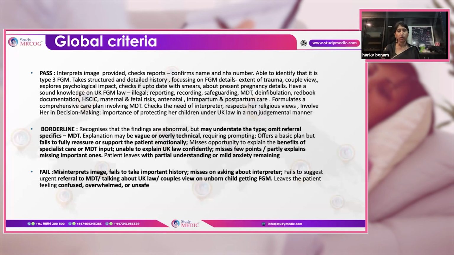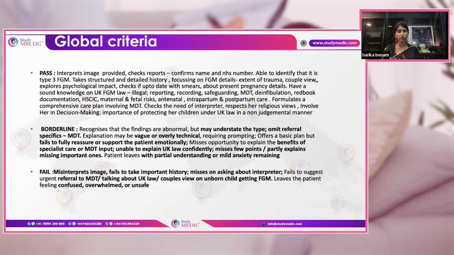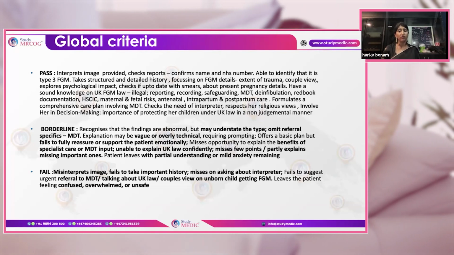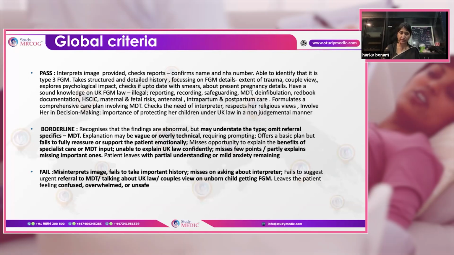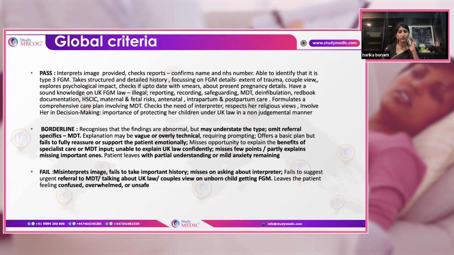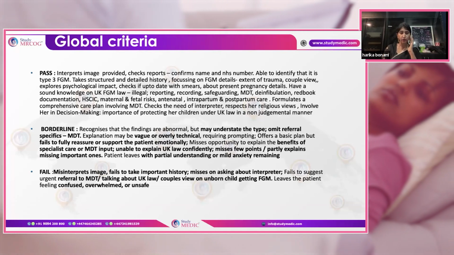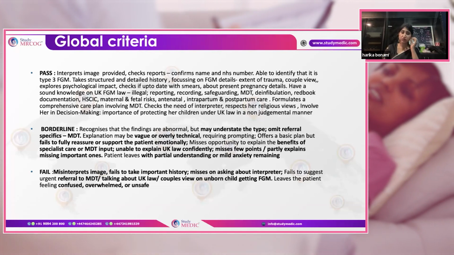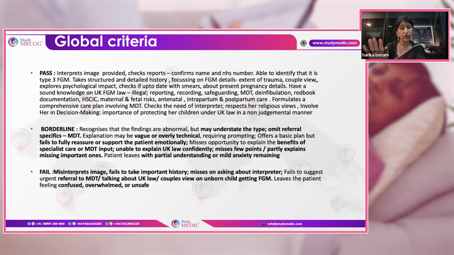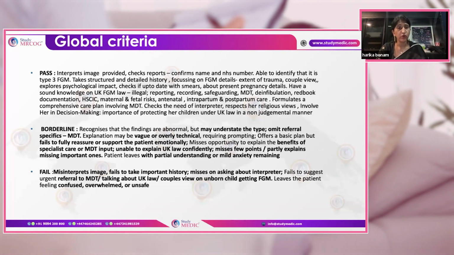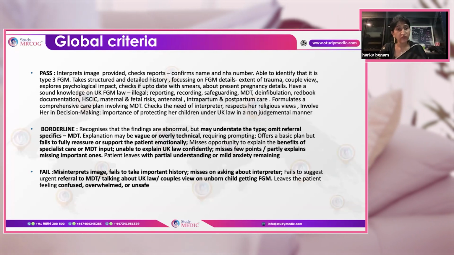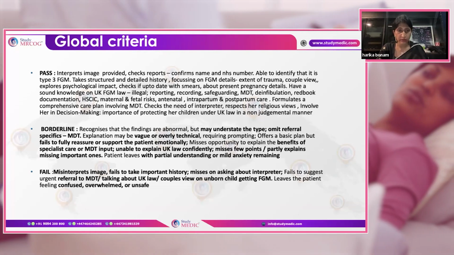Also explaining the FGM law, that it is illegal, about reporting, recording, safeguarding, involving the MDT, about deinfibulation, about the Red Book, documentation in HSCIC, and maternal and fetal risk, explaining antenatal, intrapartum and postpartum care, and giving a comprehensive care plan. You also check the need for an interpreter and give importance to her religious views. If you're doing all these things and involving her in decision making, then you pass.